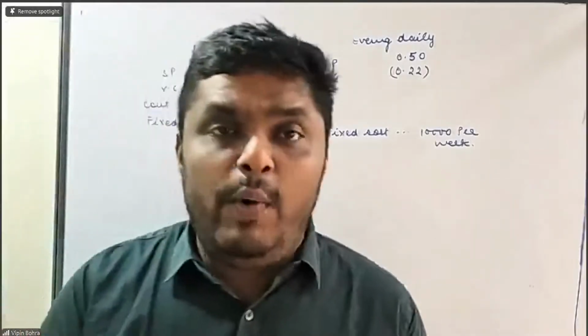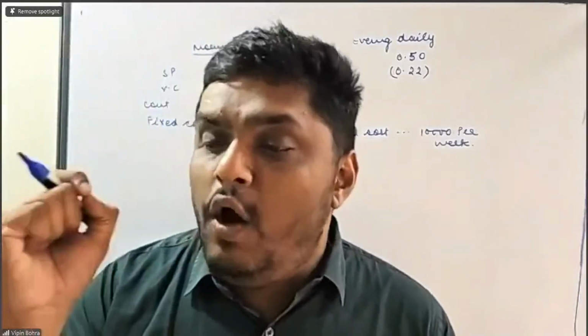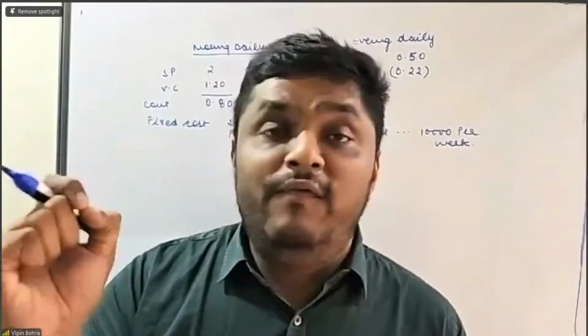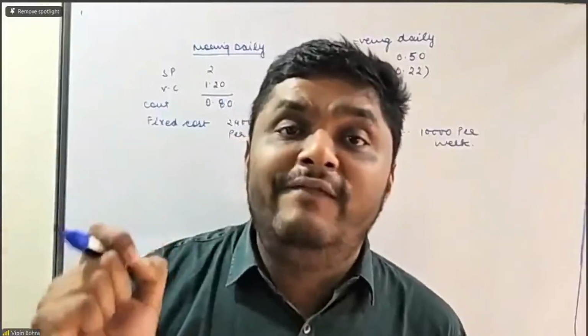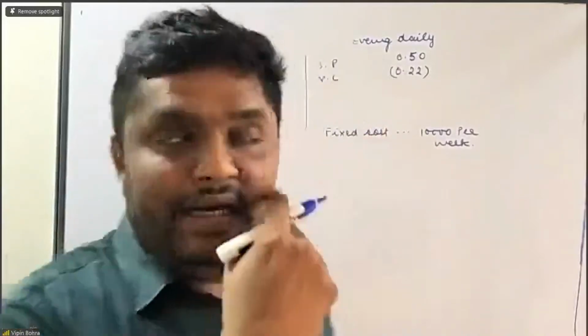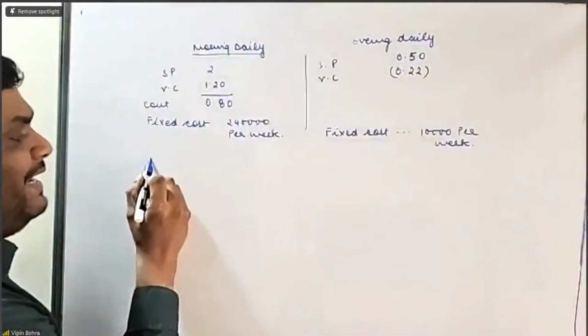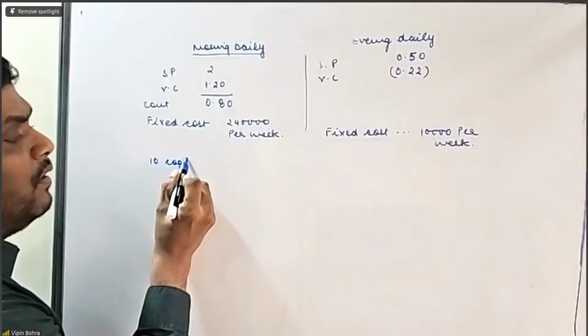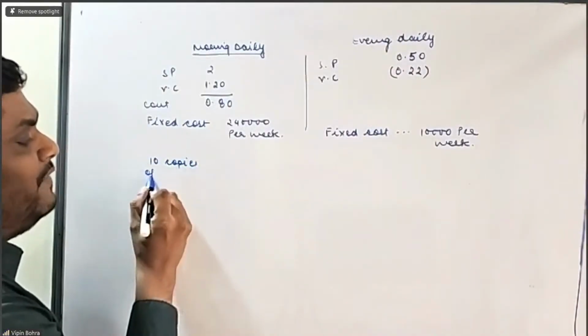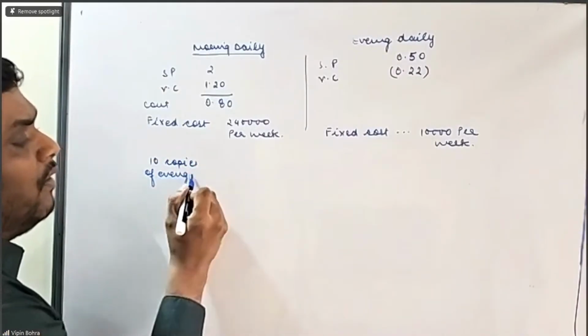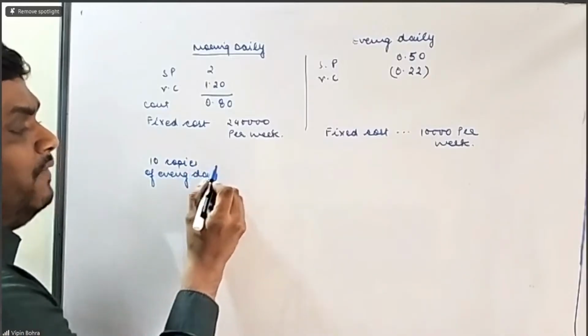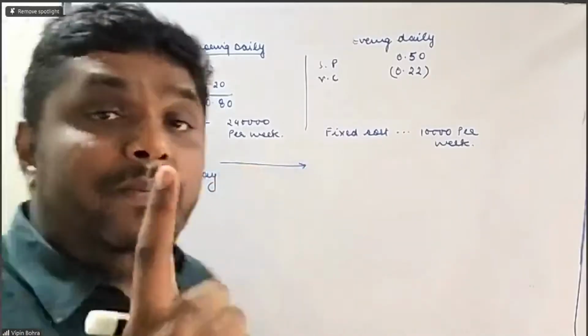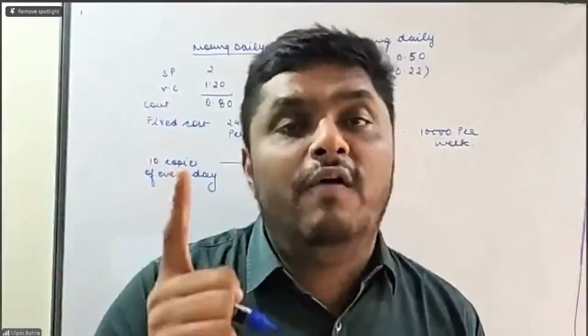Now see, very important. The sale of morning daily will fall by 1 copy on every 10 copies sold of evening daily. If we sell 10 copies of evening daily, then what will happen? There will be a loss of one copy of morning daily.